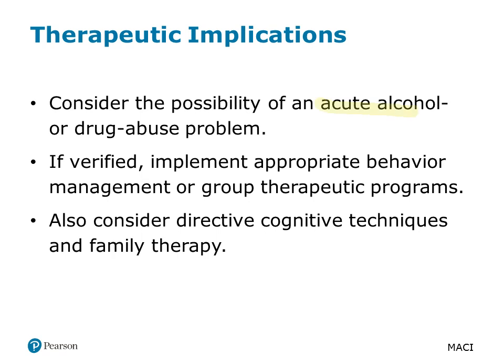Certainly, we want to be able to rule out this acute alcohol or drug abuse problem, or maybe to confirm it. And if we verify, we want to make sure that we use appropriate behavior management or group therapeutic programs. You also want to think about some directive cognitive techniques. Think about the expressive behaviors on which we'd like to focus.